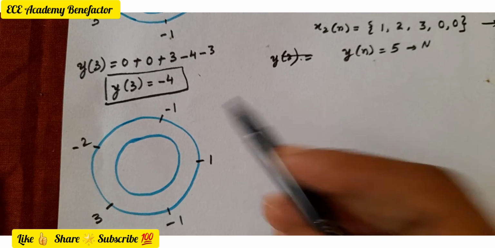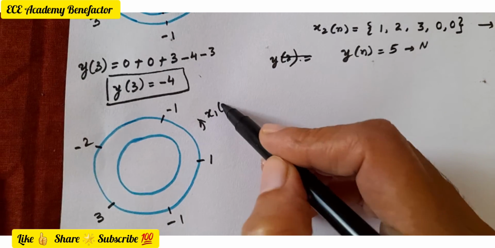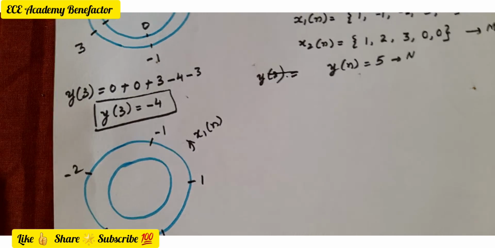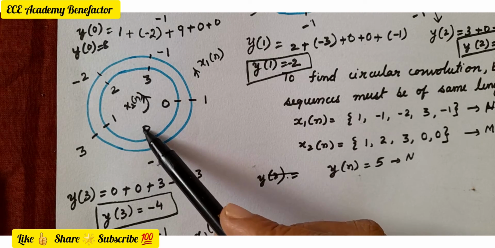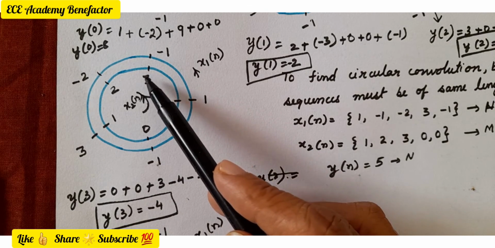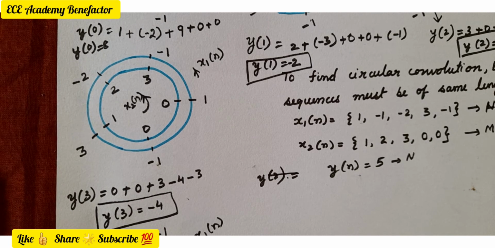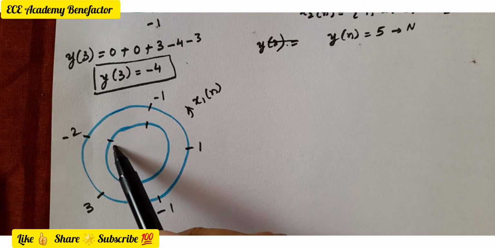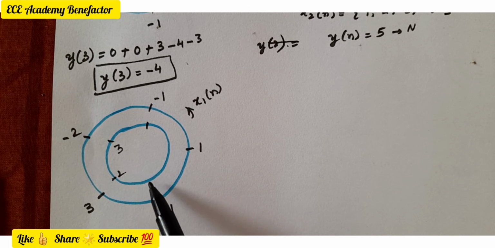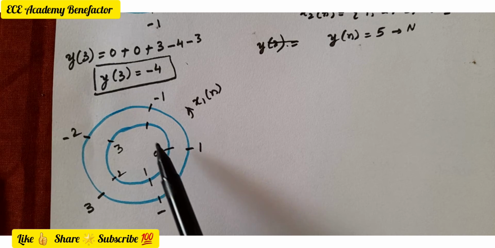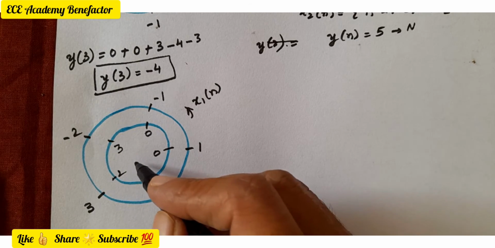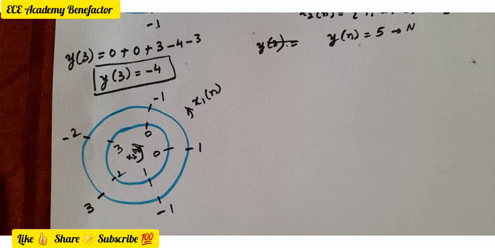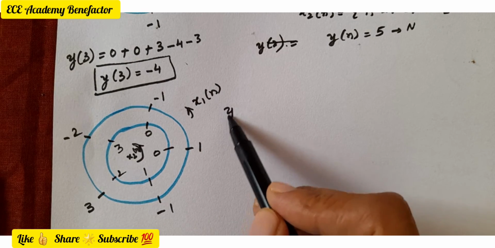So we have plotted x1 of n on the outer circle. x2 of n we have to rotate one step ahead. So this 0 will be shifting here and this 0 will come here. Now this will be 3, 2, 1, 0, 0. So we have rotated the inner circle one step in anti-clockwise direction to get y of 4.